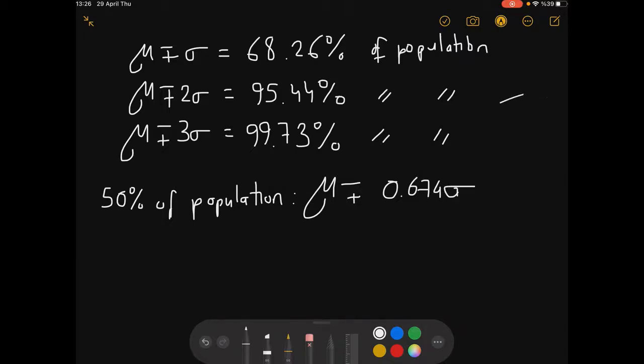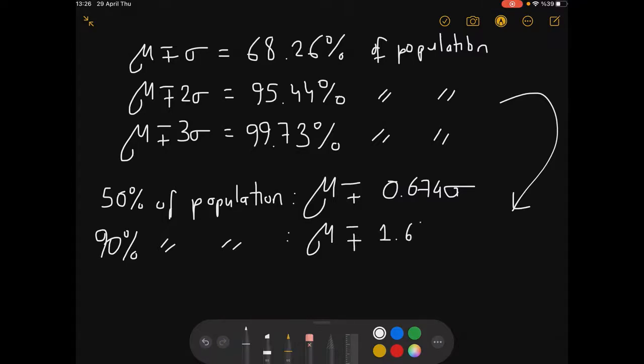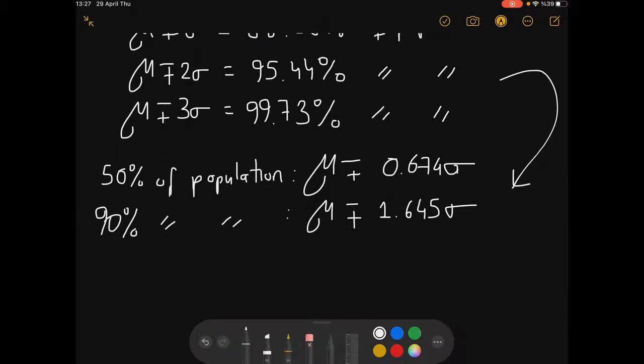We're just looking at this issue in another way. And if you want to represent 90% of the population, you need this much; these are the most popular numbers or thresholds that we will be dealing with. This much standard deviation spread is required to represent 90%.